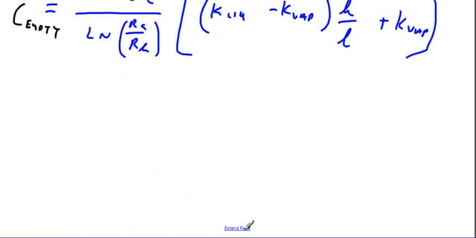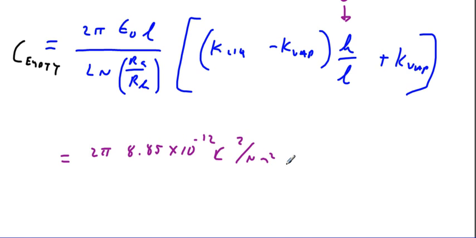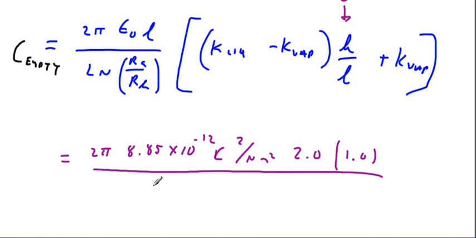Alright, so back to our equation again, and we're going to have 2 pi epsilon naught and we're going to have a 2. This is a 1, so it's going to be times 1 divided by a natural log of 5 divided by 4.5.